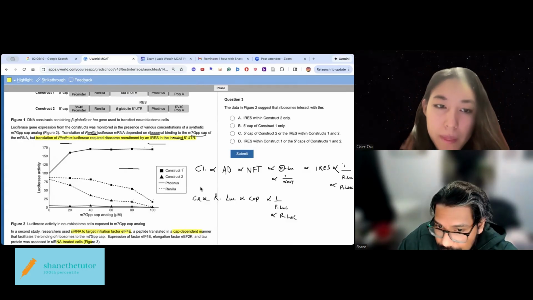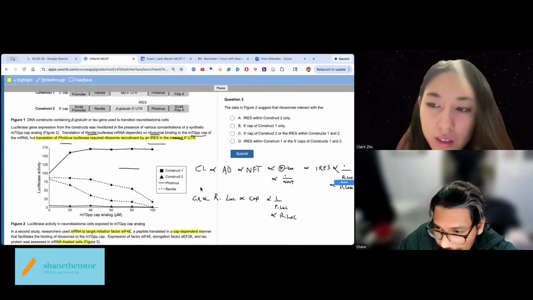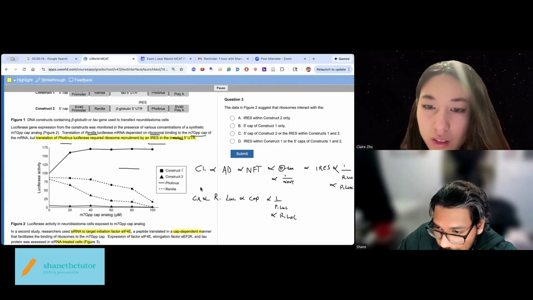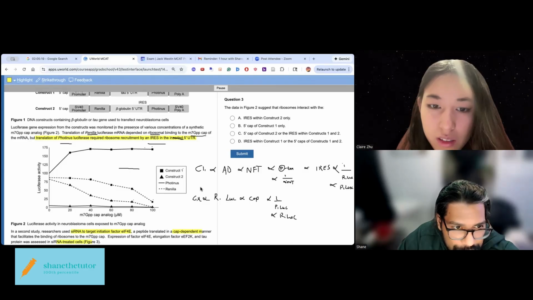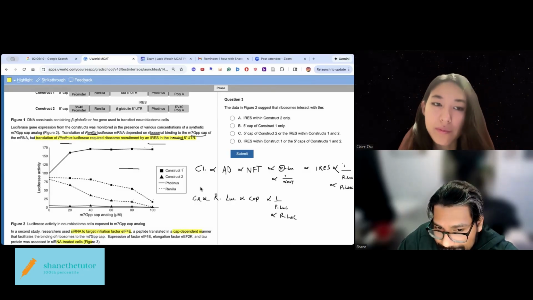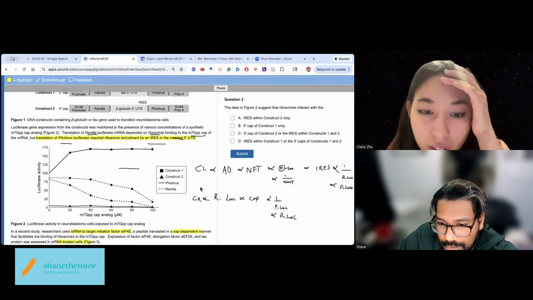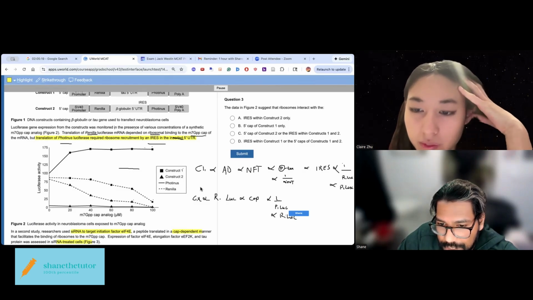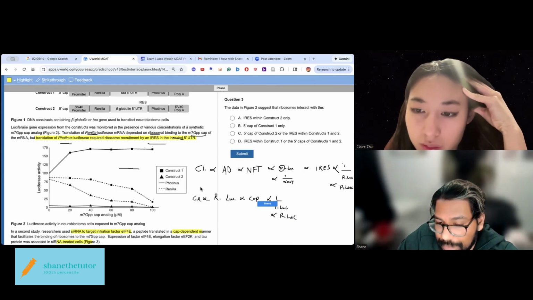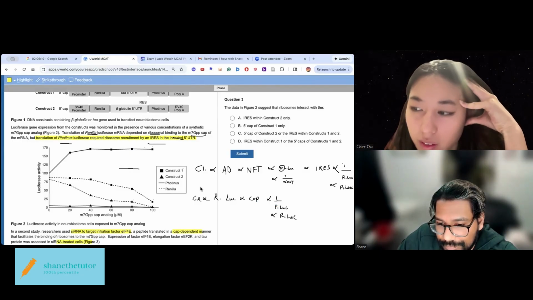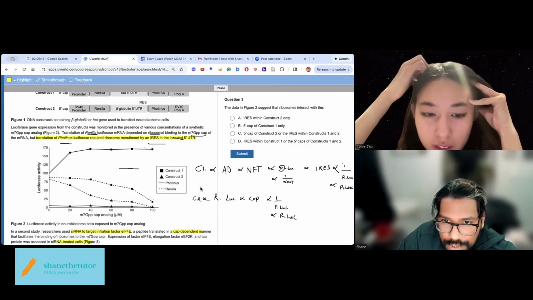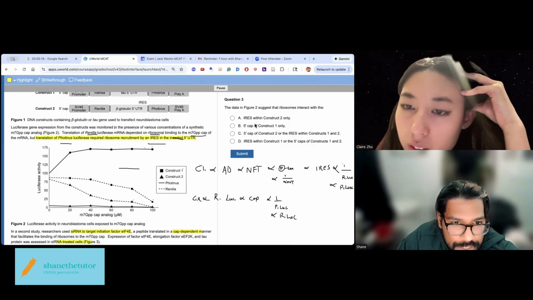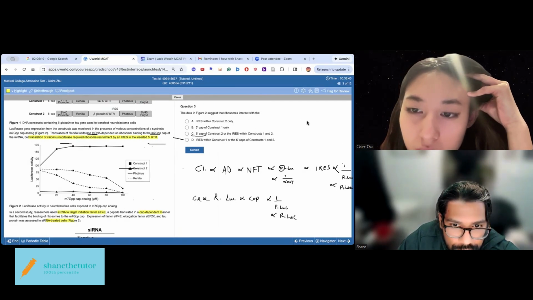That makes sense. That's why the Renilla one is less happening in construct one, right? And the Photinus does not require binding to the cap, right? So we see less of the Photinus in the one with the cap, right?